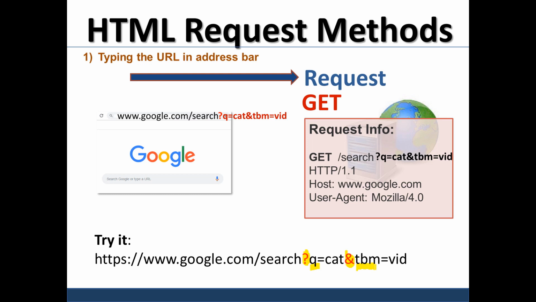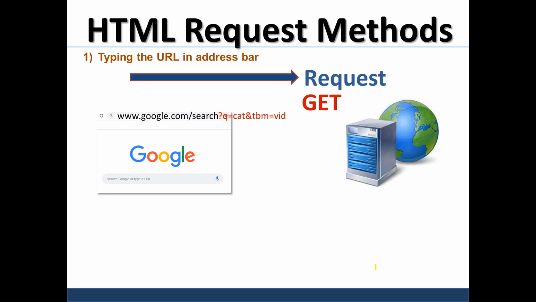The list of parameters as part of the URL is known as the query string. So remember, every time you type directly a URL in a browser, with or without parameters, you are making a request using the GET method.